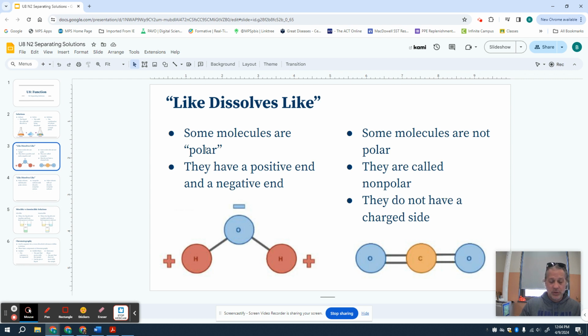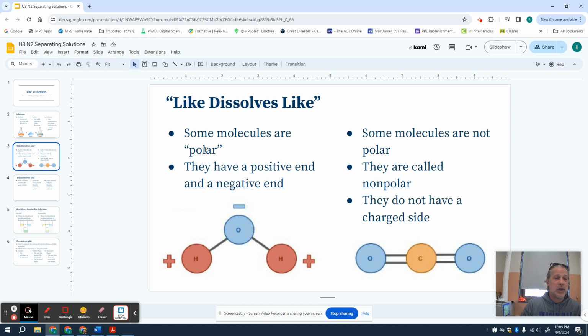Which brings me to an important part of solution formation, what we call like dissolves like. This is a rule in chemistry that is kind of an unwritten rule, but it's really descriptive of what will get dissolved when.